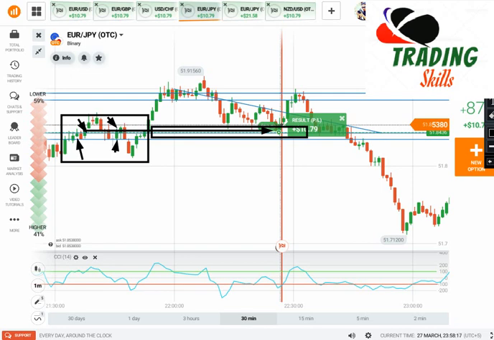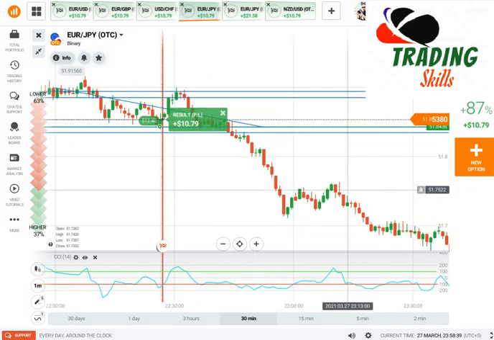Because of this, the market came to this level and went up, and now from exactly the level which I have drawn here, the market is going down and down and down. This is how you can see your SNRs.